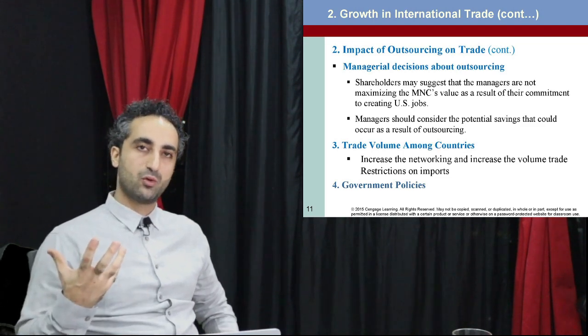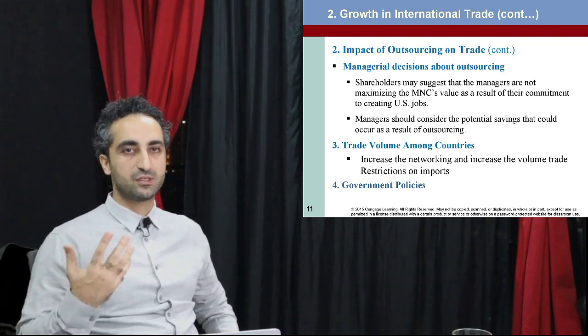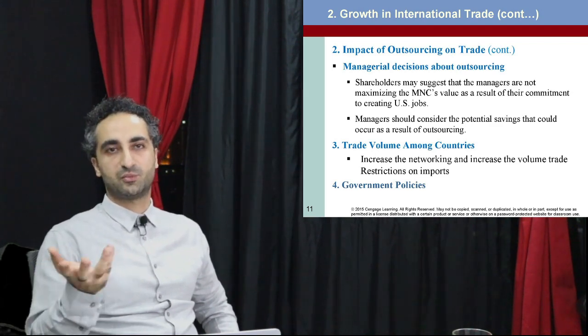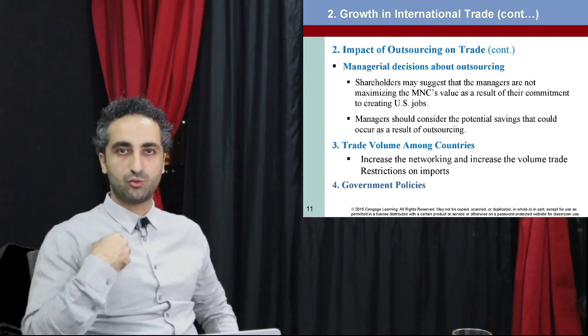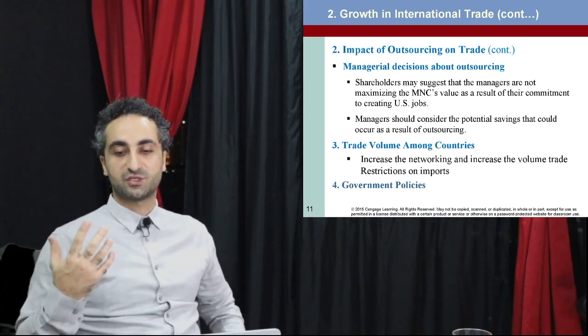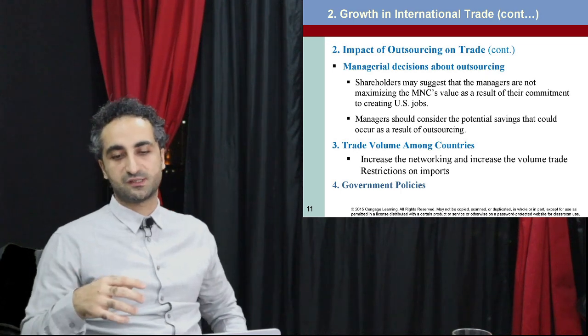So now, who shall the CEO serve? The country people and provide them with jobs, or me who hired him? So you see here, managers should consider the potential savings that could occur as a result of outsourcing.